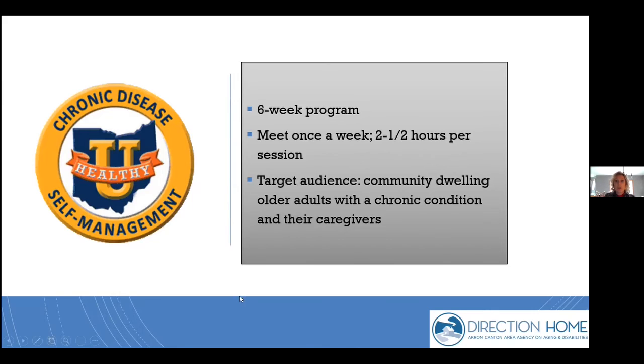But the target audience for this is community dwelling older adults who are experiencing a chronic condition, as well as their caregivers, because we want those caregivers to get this firsthand knowledge and education as well, so they can help them along that path. And things that we talk about during this particular class, we talk about stress management, because we know stress can really exacerbate these chronic conditions.